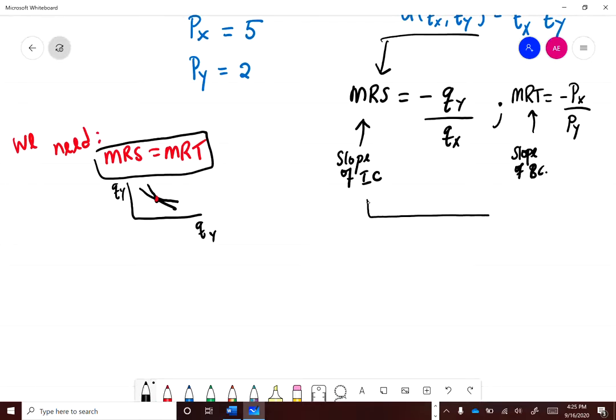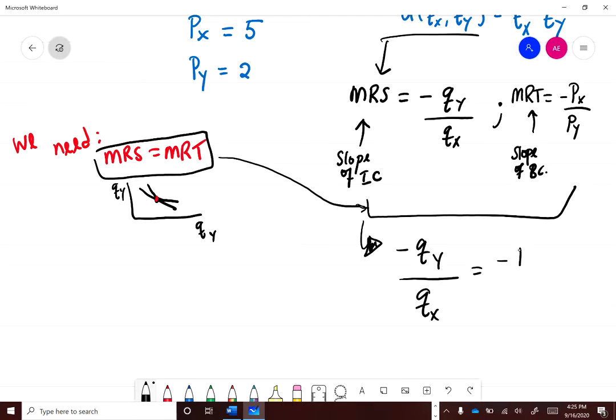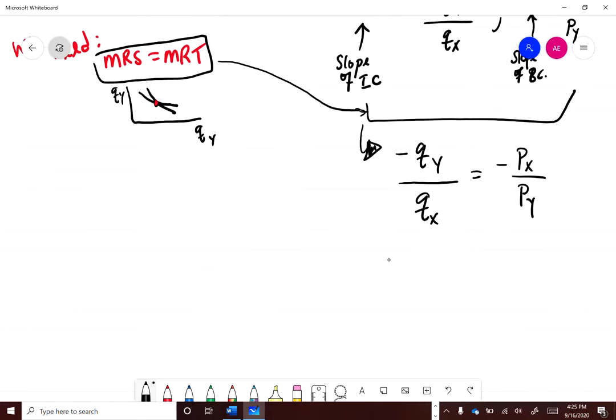So, using these two pieces of information, we have negative Q of Y over Q of X is equal to negative P of X over P of Y. We can solve for Q of Y since it's in the numerator up here.